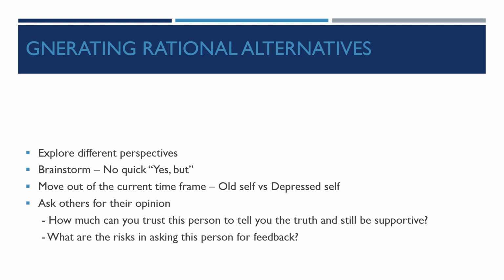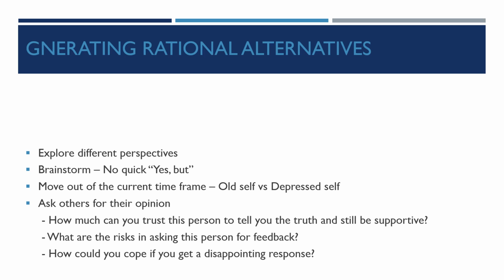And then what are the risks in asking this person for feedback? Again, depending on their relationship, depending on the level of trust, maybe that person might not give an answer that you would have hoped. And then you can problem solve. What if that person says something totally different?